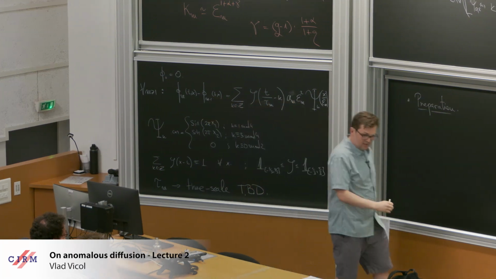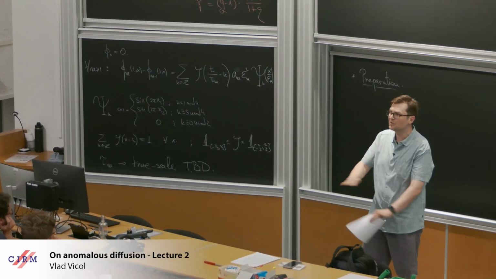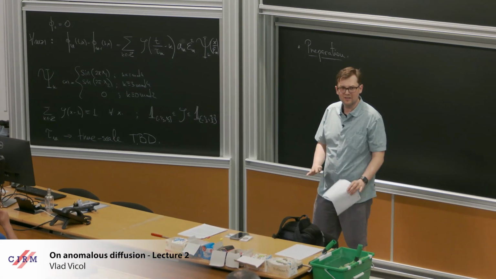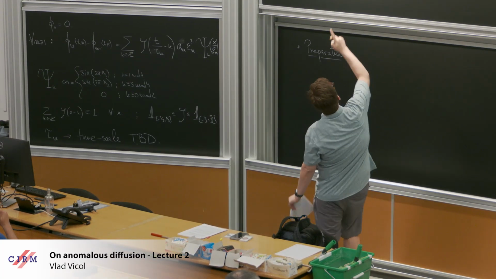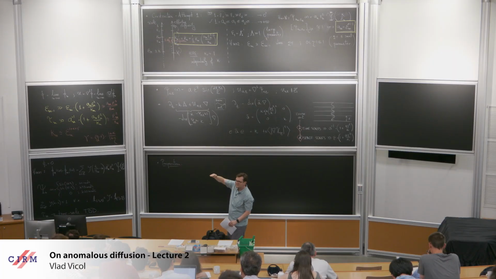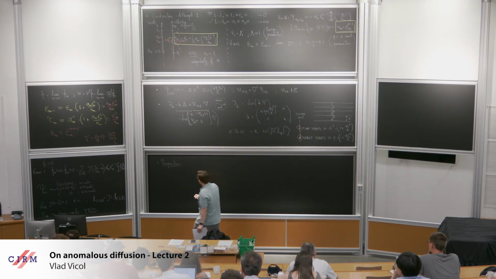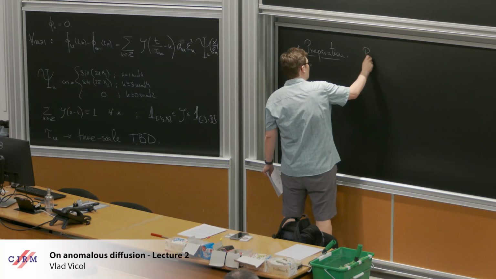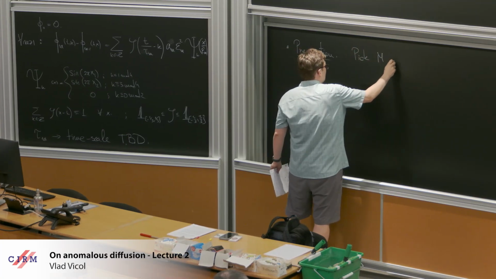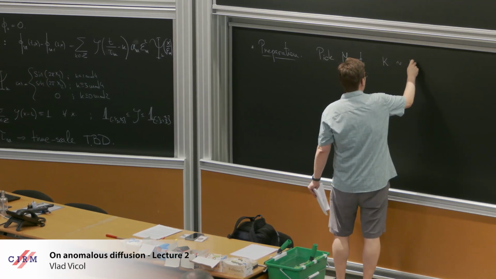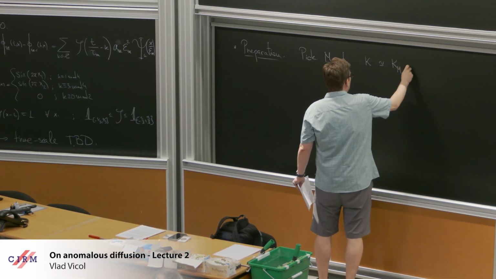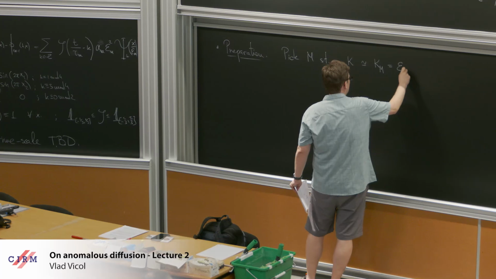Okay, preparation: you need to erase the absolutely smallest features in the solution. I started the discussion on the top board by saying that there's nothing below scale kappa, right? So I need to do that. So the preparation is to pick capital M such that your molecular diffusivity is of size kappa_M, which we just have agreed is of this size.